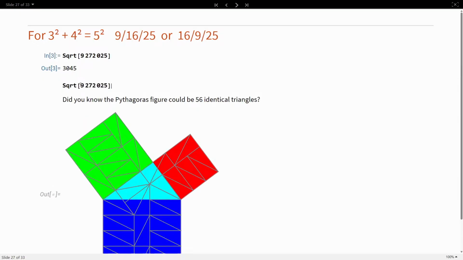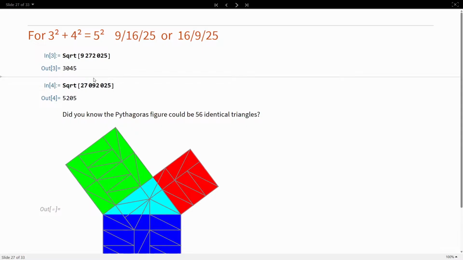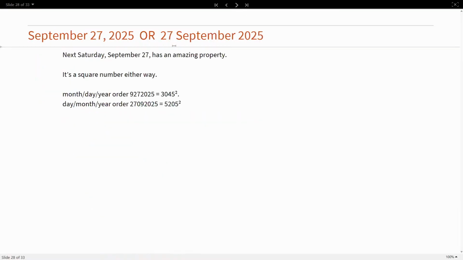Let's see. 27/09/2025. So here's the day, month, year format. Oh, and it's also a square number. So in either way, if you do month day format or day month format for September 27th or 27th of September, you get a square number. Which is something I show here.